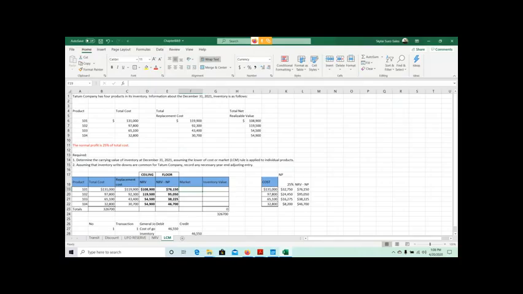So that's the replacement cost. I'm looking at my parameters and I observe that 119 exceeds the ceiling. So the market is limited to the 108.